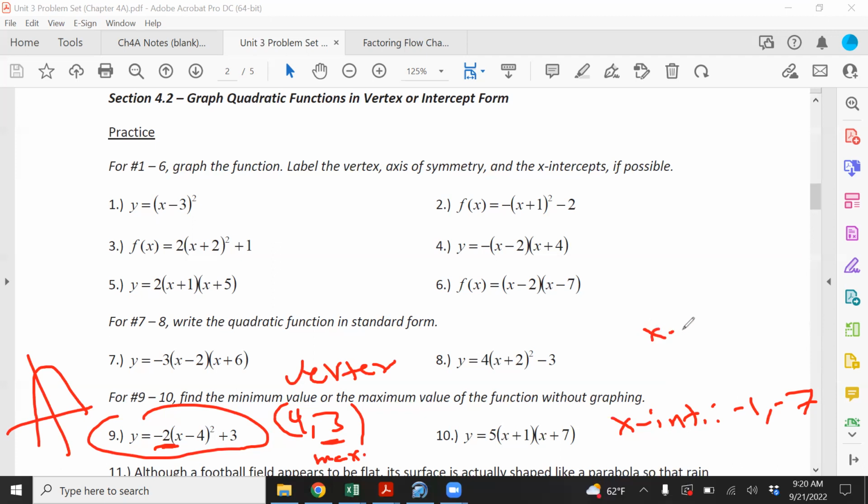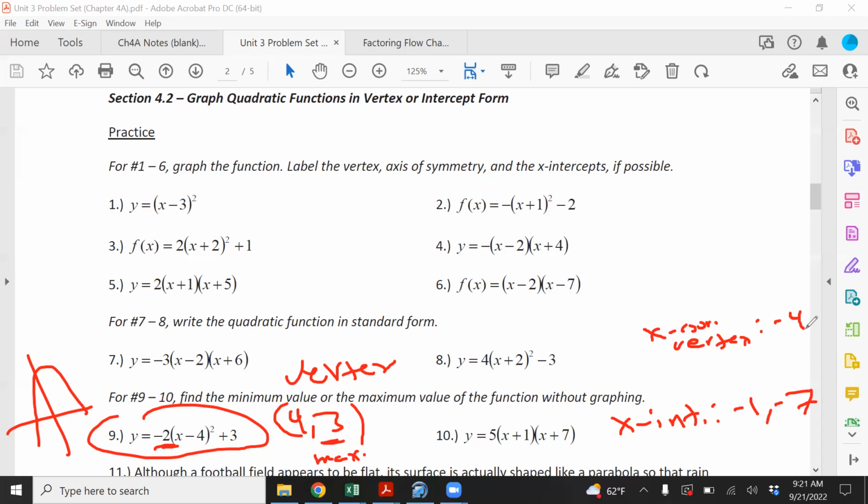For 1 through 8, do you want us to solve or just factor? It says factor, right? Yeah, but you can still go ahead, I'm not going to hold it against you. Because you have -1 and -7 as the x-intercepts, because it's in factored form, -4 is right down the middle.